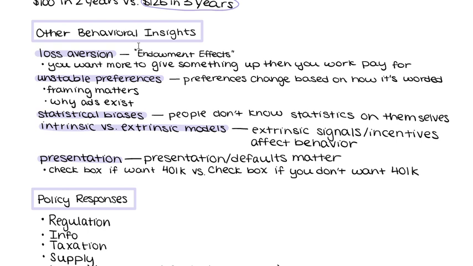So from this we can know that people don't want to give something up, like group B. Okay, so it's loss aversion. And we have unstable preferences. That is, preferences change based on how it's worded.